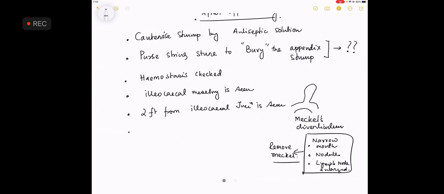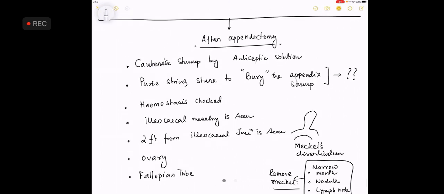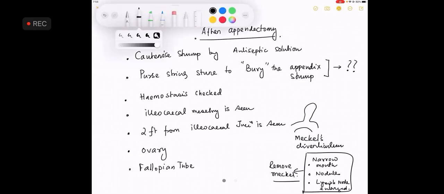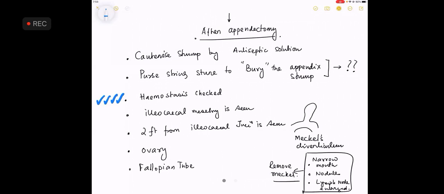Next point, look for ovary and fallopian tube. So after you have done the appendicectomy, if you ask me what are the procedures that I will do, this is the first priority.